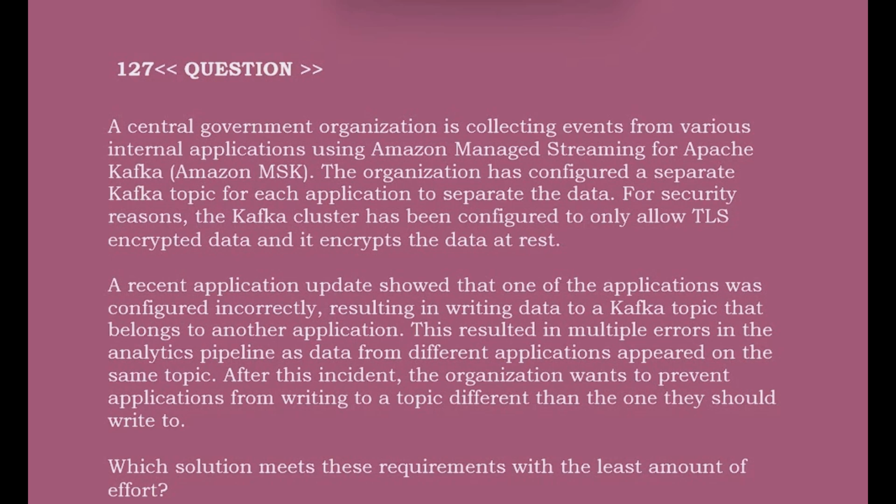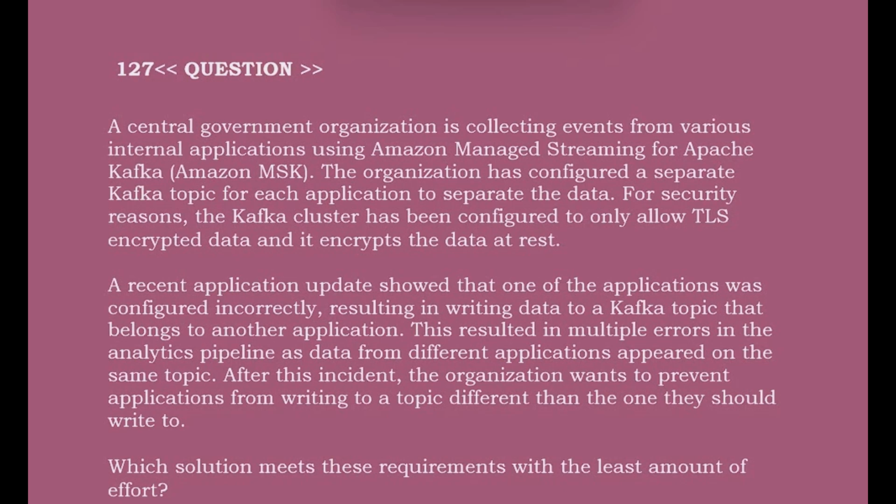Question is, a central government organization is collecting events from various internal applications using Amazon Managed Streaming for Apache Kafka, Amazon MSK. The organization has configured a separate Kafka topic for each application to separate the data.